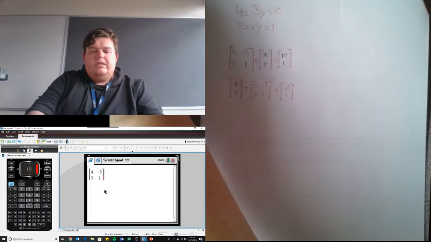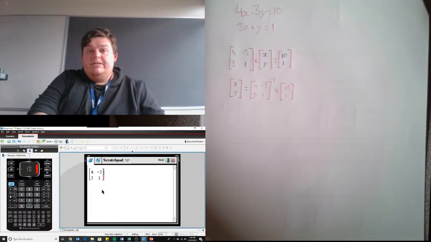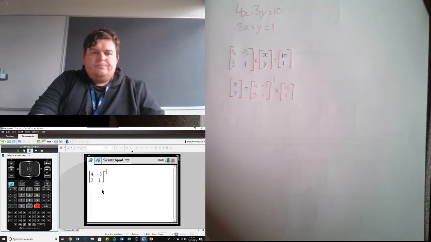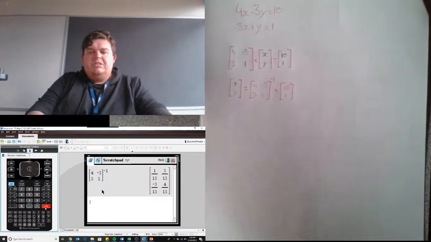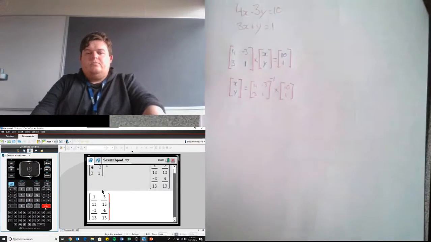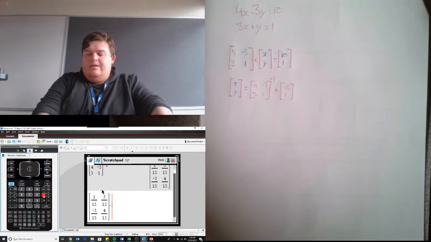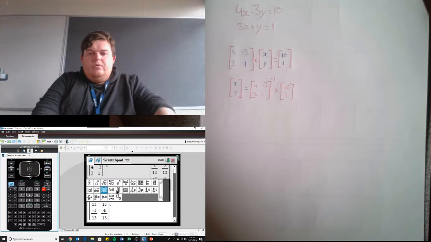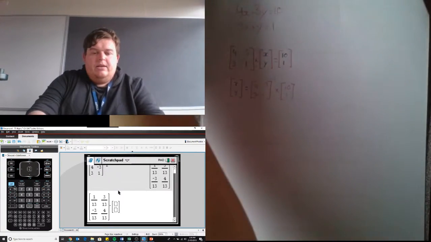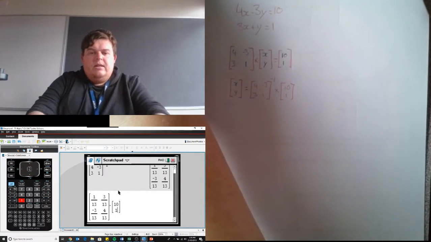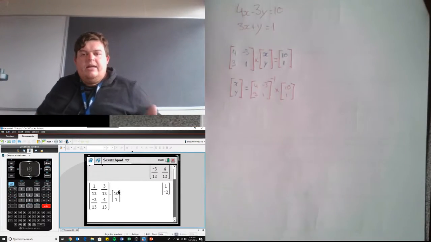That's our matrix, and we're going to raise that to the power of -1. So this is our inverse. We have this multiplied by our answer matrix, which was a column matrix with 10 and 1 in it, and that should give us our answers for that equation.